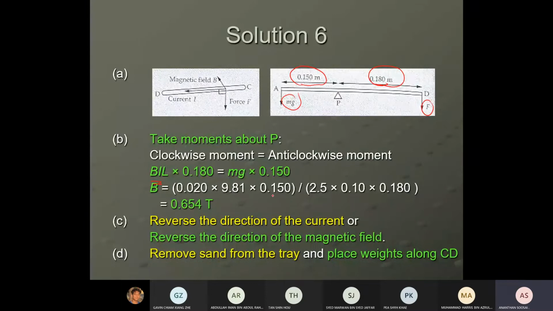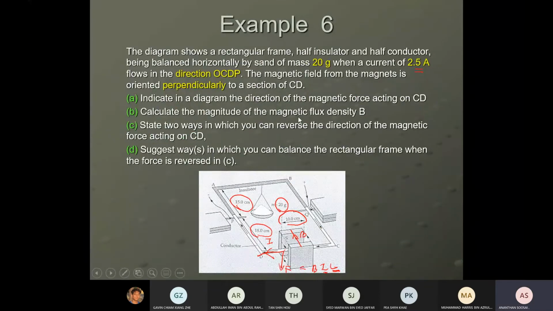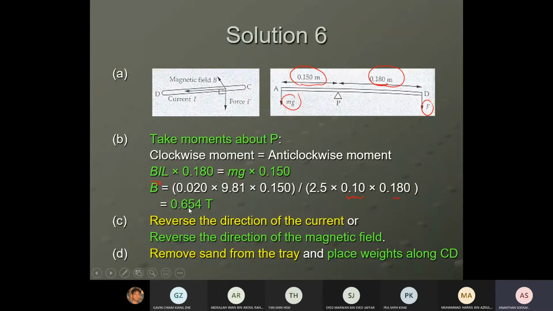So B equals mg times 0.15 divided by 2.5 current, the length 0.1, and times 0.18, the perpendicular length. Yeah, correct. So that's calculating the magnetic field strength. In this case, it's found to be 0.654 Tesla. Quite a big unit.